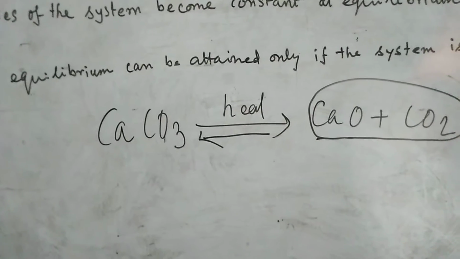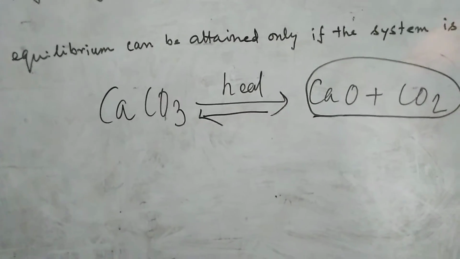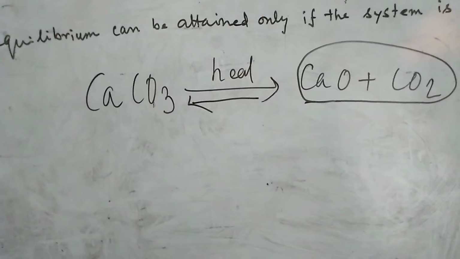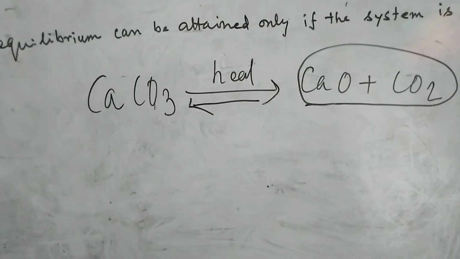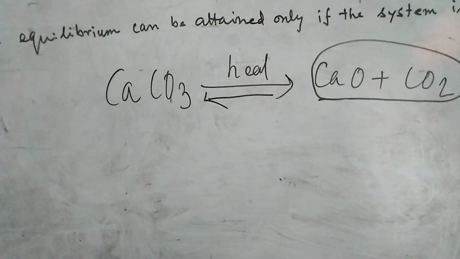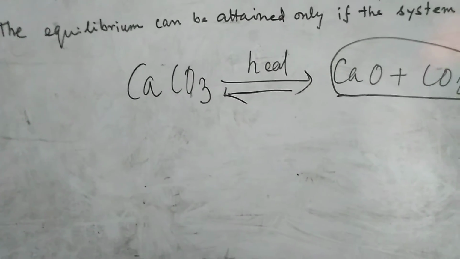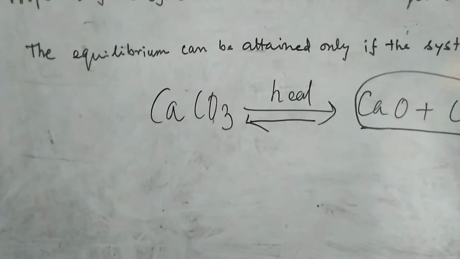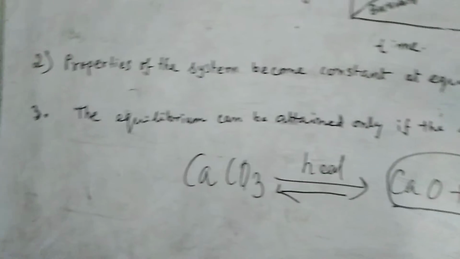But if we do it open, the whole calcium carbonate is converted to calcium oxide, because carbon dioxide escaped out from the reaction medium. So the reaction medium should contain both the reactant and product intact. So it should be in a closed system. Clear?